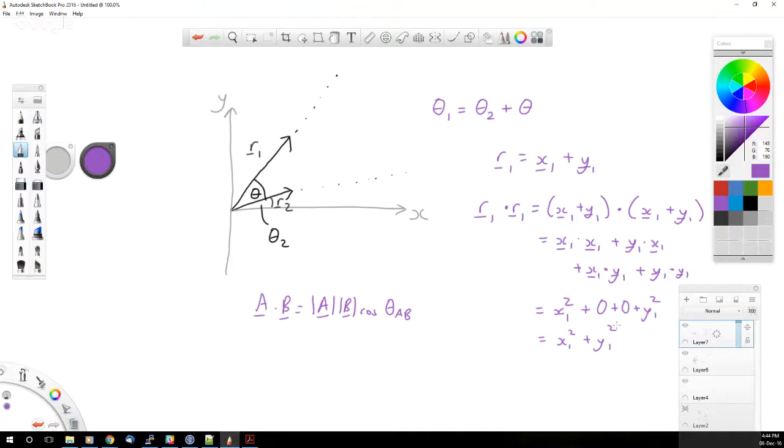And so if we are doing something in terms of x and y, we're just multiplying the components together and summing those.